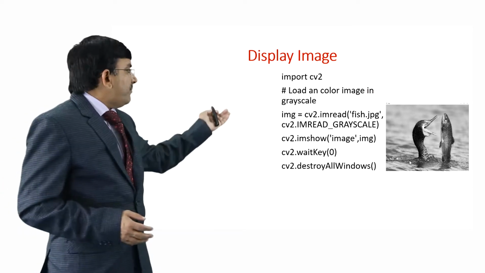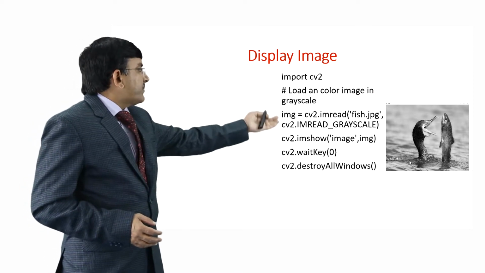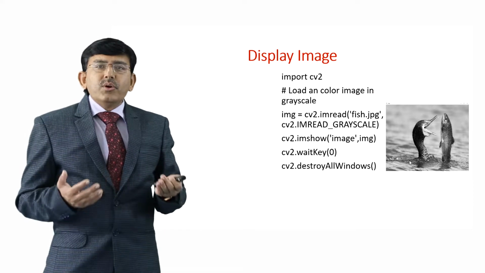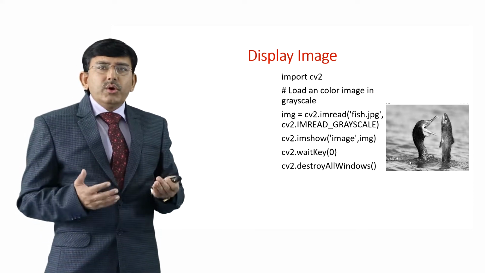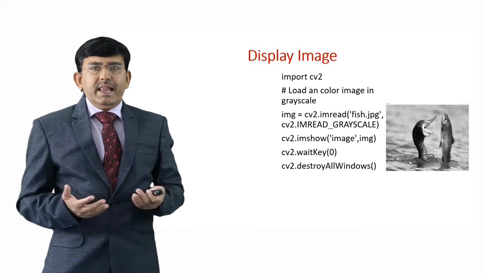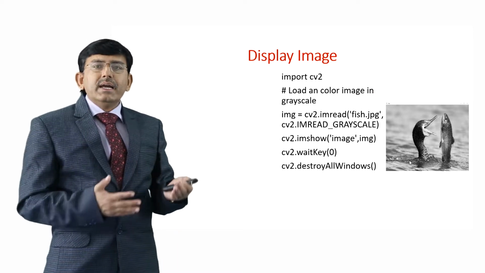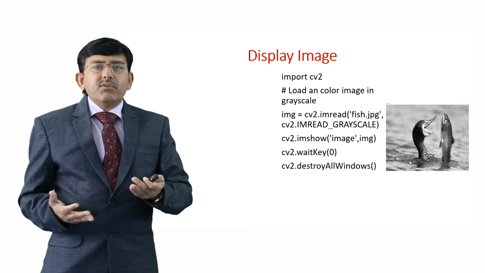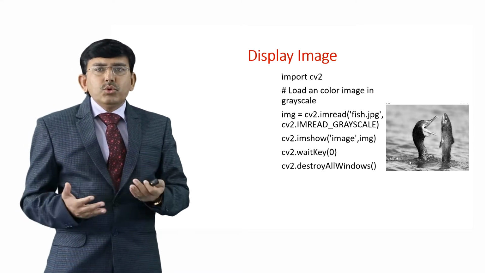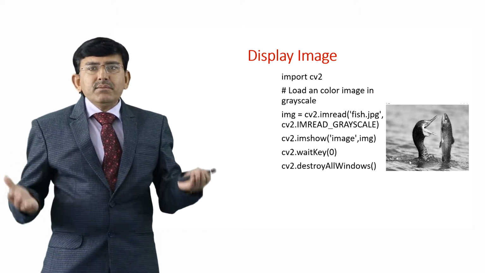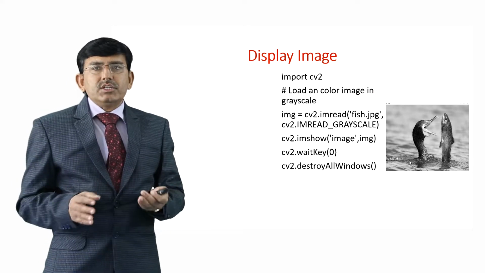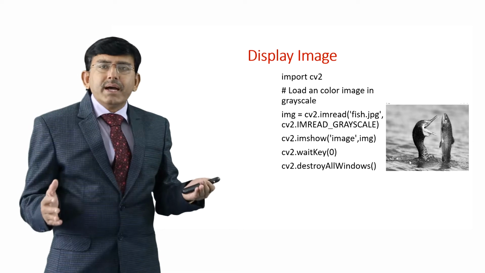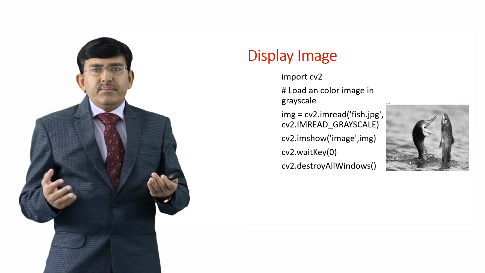Now, in this example, it is shown the output after displaying the image on the console. Import cv2, load a color image in grayscale. For that, the statement is variable img, which is user defined, equal to cv2.imread and in brackets in single quotation the file name, if required the complete path followed by its type.